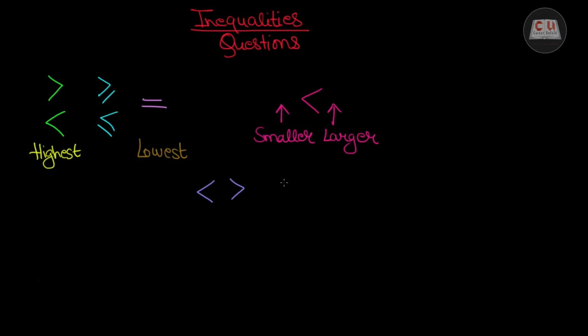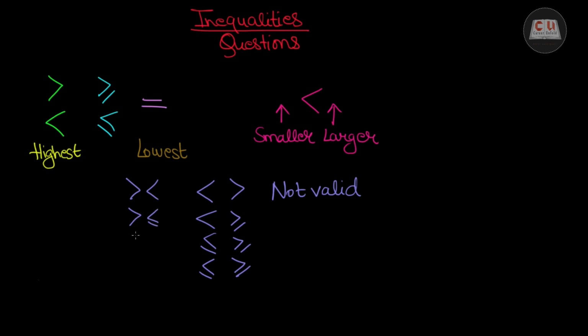So these symbols are this or this or this. All these cases are not valid, and the converse is also true. And this is something that we've discussed in the previous videos, so kindly go through it once.